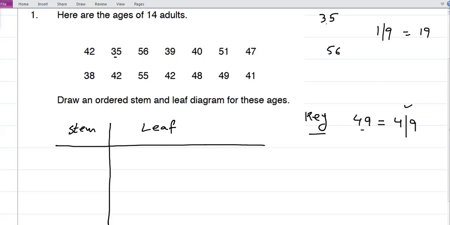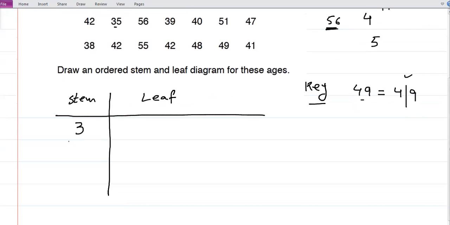The stem of the smallest number is 3 because it's 35. For the largest number, the stem is 5. Between 3 and 5, only one number is there. That is 4. So you should write in the column of stem 3, 4, and 5.